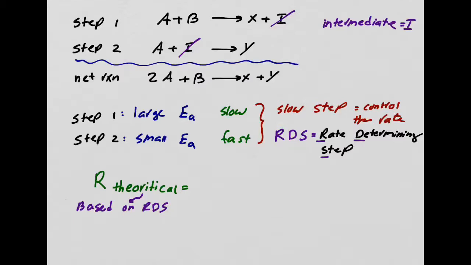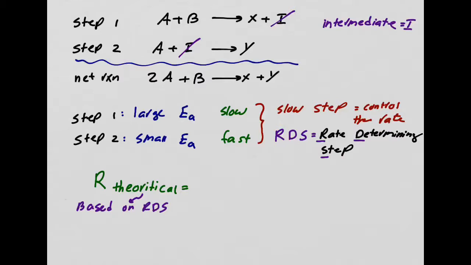And I will explain that in a second. Basically, R theoretical will depend only on the RDS because this is your rate determining step. This is the step that is going to hold you back. Once this step happens, the rest of the reaction will happen very, very quickly. So my R theoretical is going to be based on the RDS because this is what's holding me back.